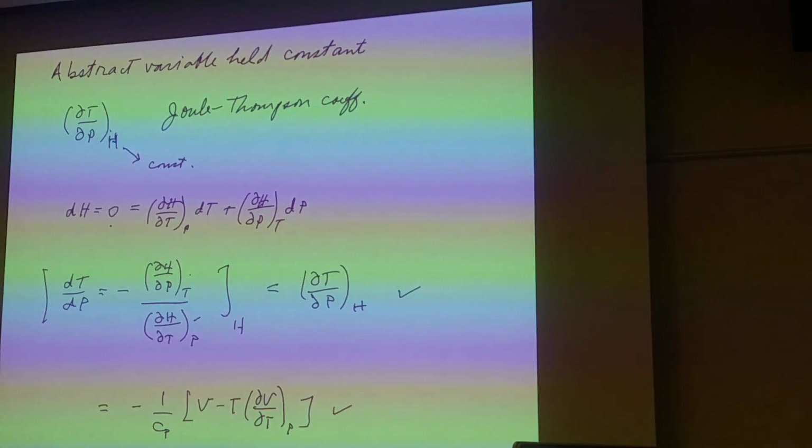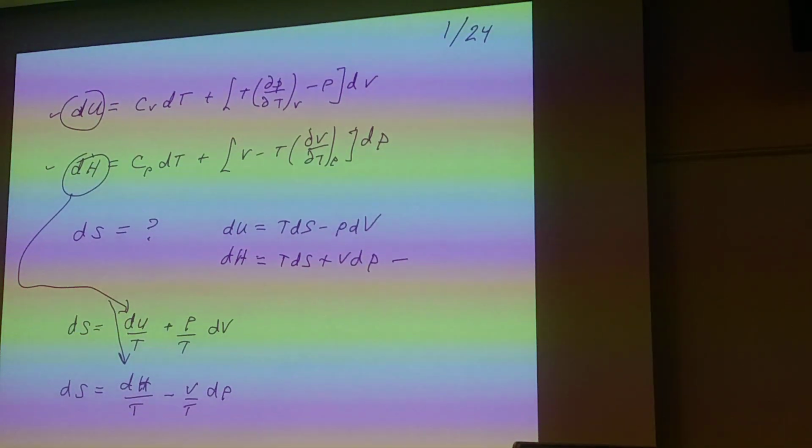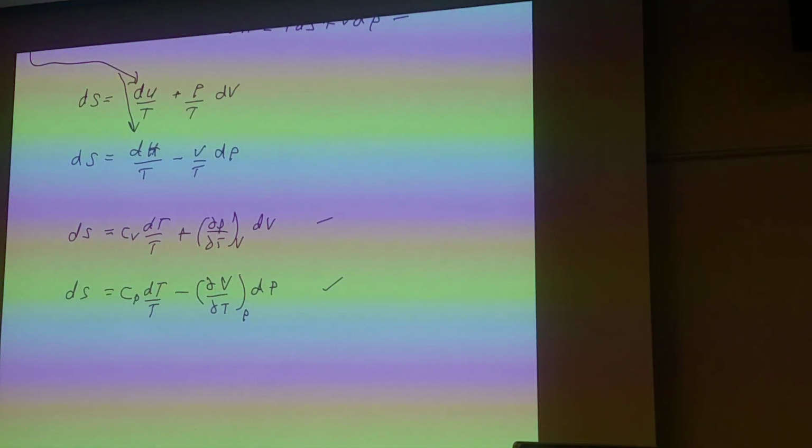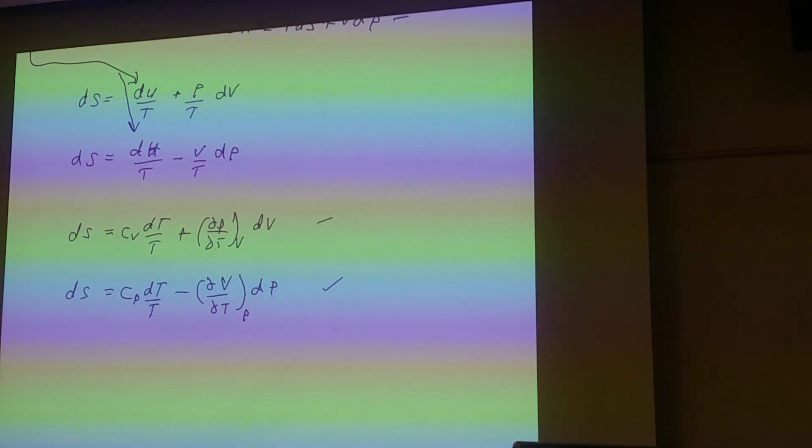Well, we can think about how we might do that, and we can feed off the equations that we have derived so far. Let's look at the expressions we've developed for dS, because they're going to involve both of those Cp and Cv values. So I'll flip back here. Remember these again? So I can equate the two expressions for dS, and I'll have Cv in one of them and Cp in the other.